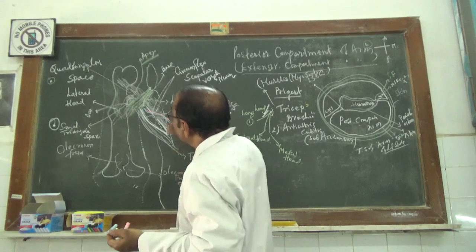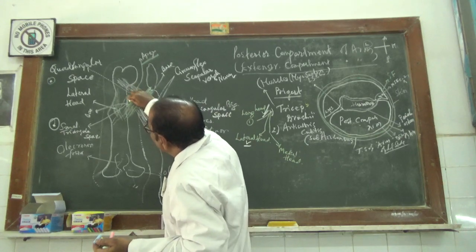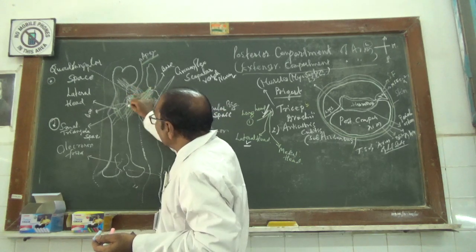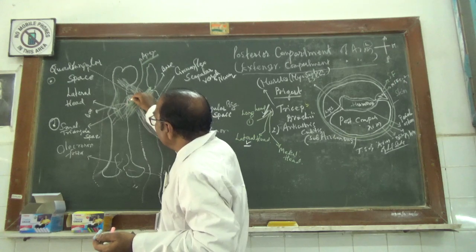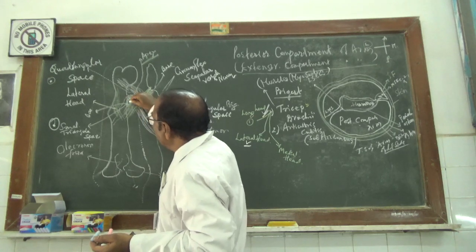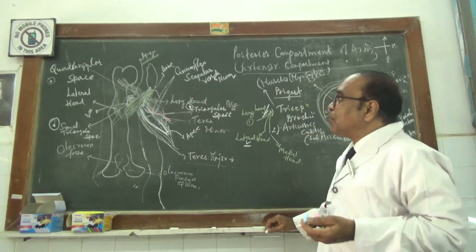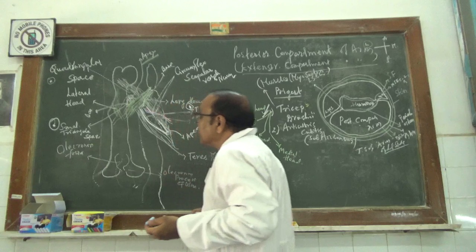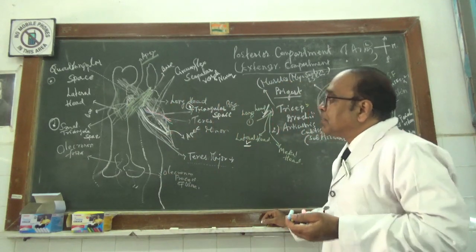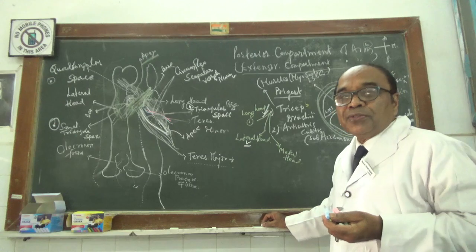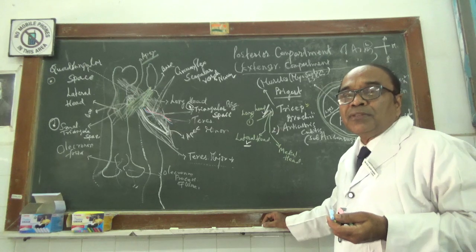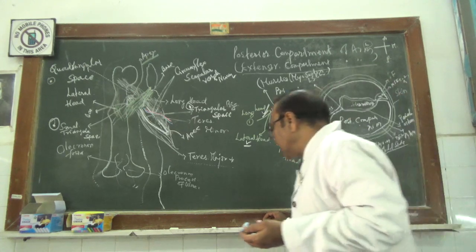The upper medial boundary is formed by the lower lateral fibers of the teres major, while the lower medial boundary is formed by the upper lateral fibers of the long head of the triceps. So this will be the thing for the triangular space. This small triangular space does not transmit any structures, but it is occupied only by areolar tissue, that's all.